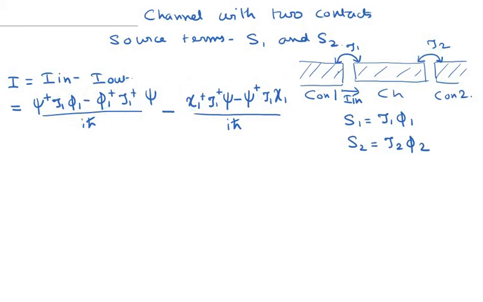Now we have to put the values of psi, because we don't want to keep this expression in terms of psi, and as we know psi is equal to G S, where G is the Green's function of the channel and S is the source term. S is equal to S1 plus S2, so this is equal to G times S1 plus S2.